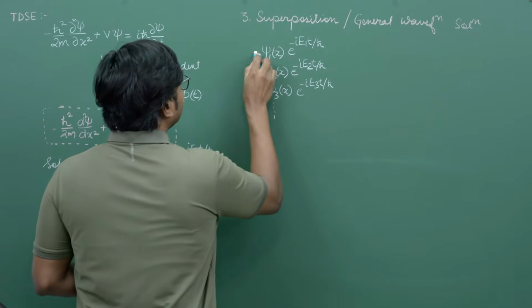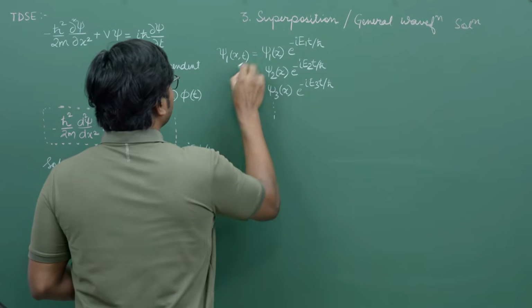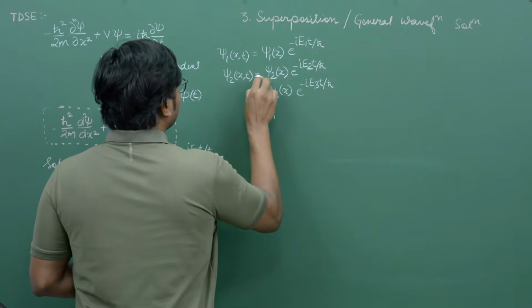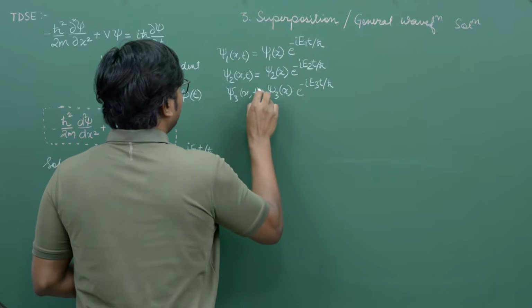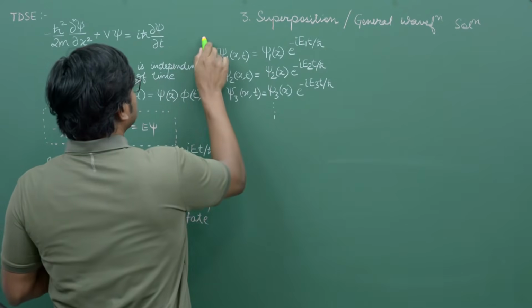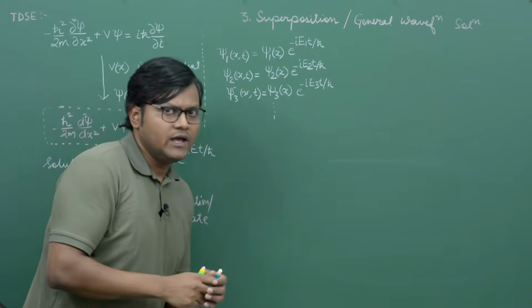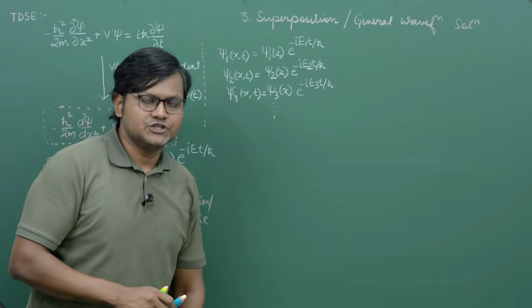These are nothing but the wave function solutions psi 1, psi 2, psi 3, and on. So let's create a simple border here, just to distinguish. So what the Schrodinger equation gives us is a large number of wave function solutions.